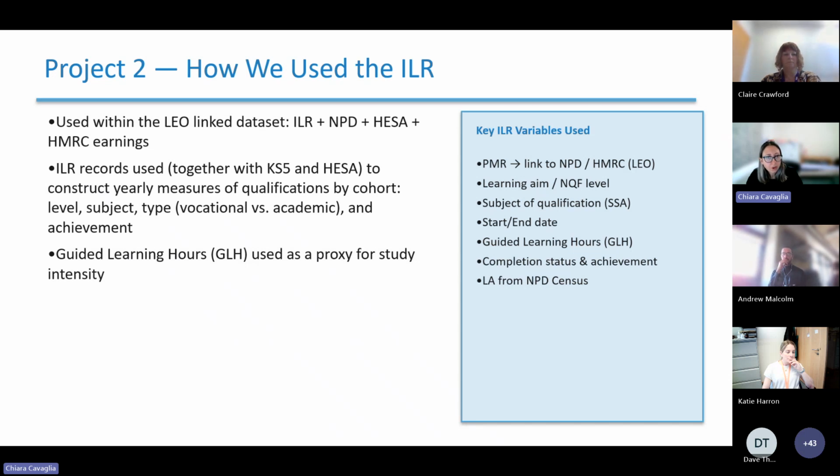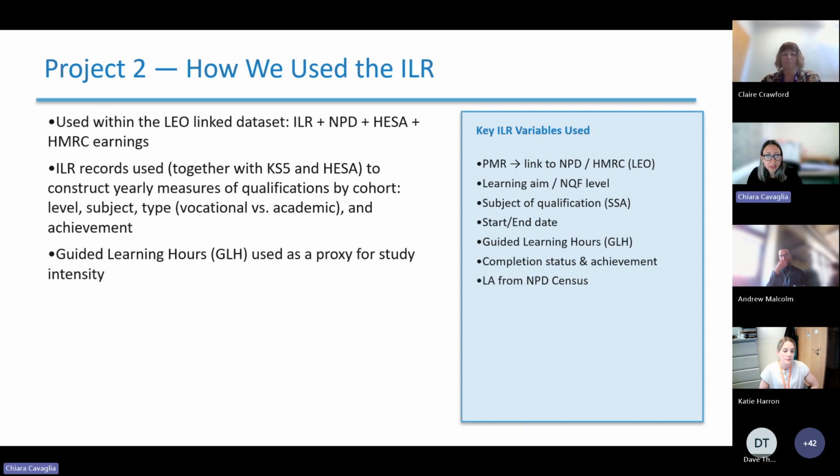For each qualification, we could get the level, the subject, the type, whether it was vocational or academic, and the achievement. We also used the guided learning hours, a variable that tells the minimum amount of supervised hours for each qualification, for each aim, which we use as a proxy for the intensity or size of the qualification.